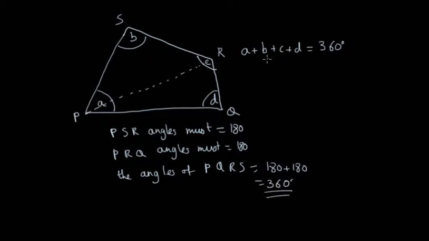So this rule here falls out of the fact that the angles of a triangle add up to 180. I hope that makes sense. Let's see some practical applications of these.